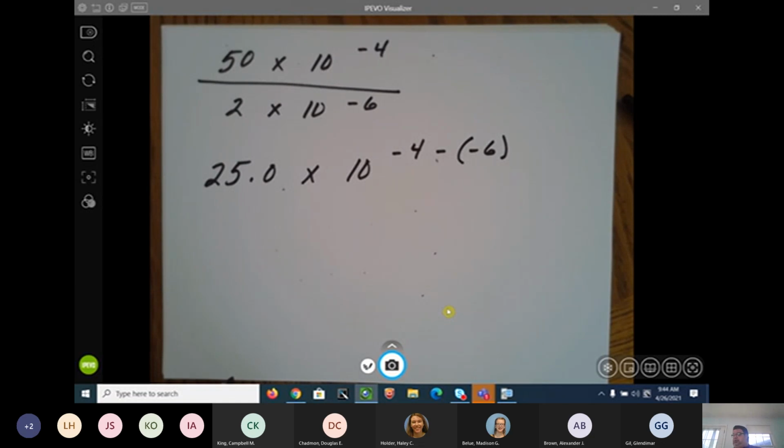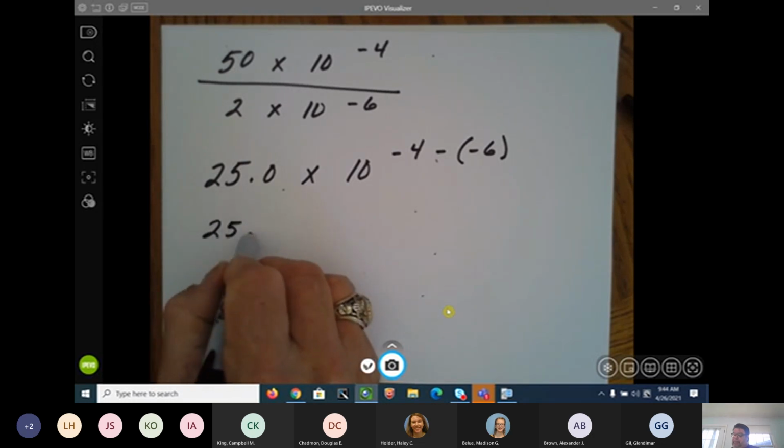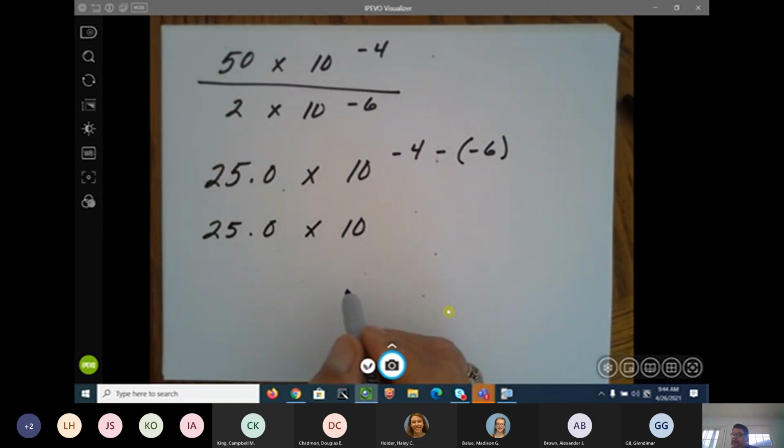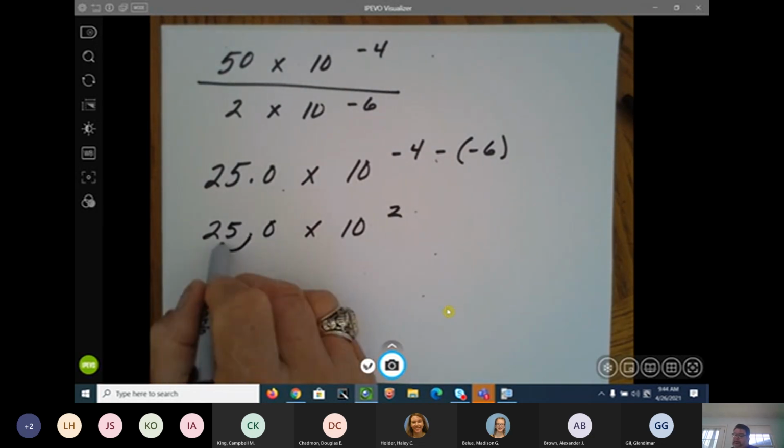So 50 divided by 2 is 25, and 10 to the negative fourth minus a negative 6 will be 25 times 10 to the negative 4 plus 6, which is positive 2. Move it one place.